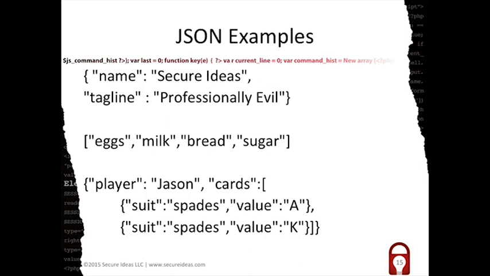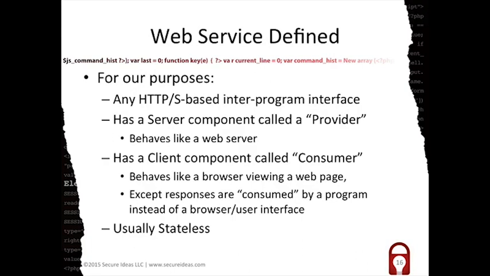Let's say you have a web service that's part of a Texas Hold'em program. You might be returning information about a player and the cards that they hold. This shows how your key value pairs can also contain lists, which can also contain more key value pairs, and so on and so forth. So the construct of a JSON response can become very complex, but it's still pretty simple in its complexity, right? It follows a very common pattern.